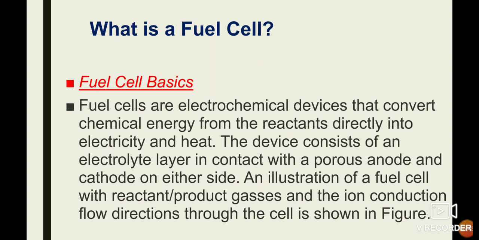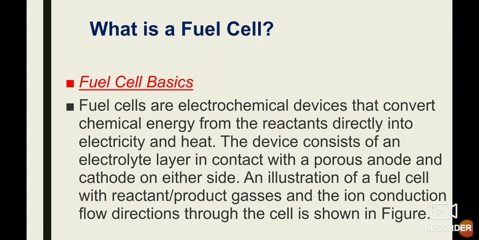What is a fuel cell? Another definition. Fuel cells are electrochemical devices that convert chemical energy from the reactants directly into electricity and heat. The device consists of an electrolyte layer in contact with a porous anode and cathode on either side.